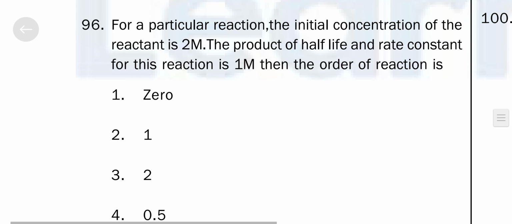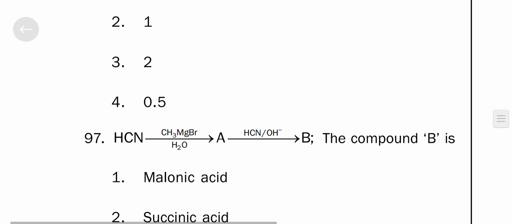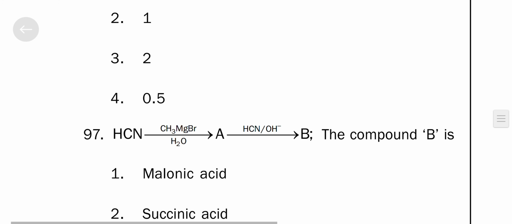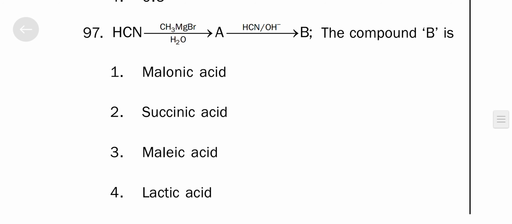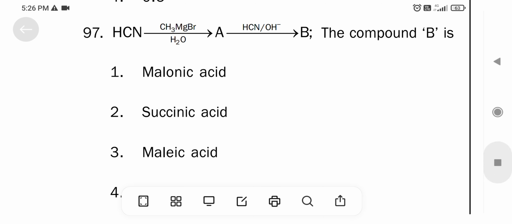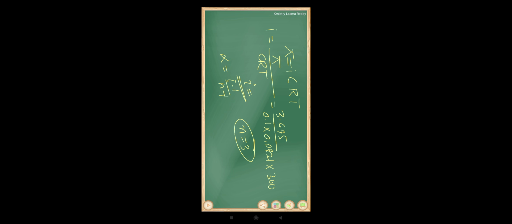95, sorry, 96 is over, no? Yeah, sorry, 97. HCN, CH3MgBr, H2O, then again HCN, the compound B is? HCN when reacting with CH3MgBr, we know this reaction very well.